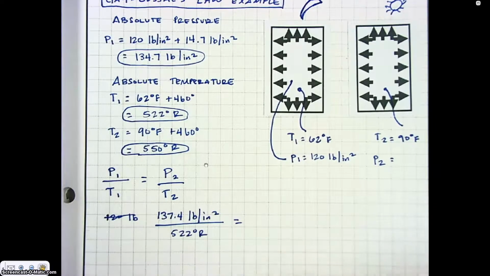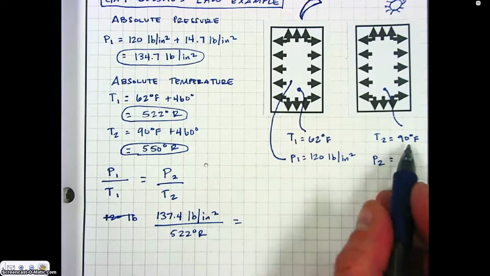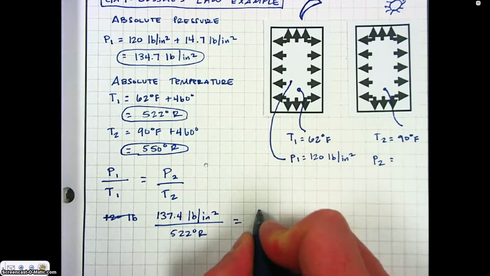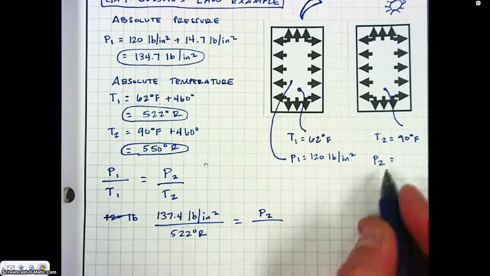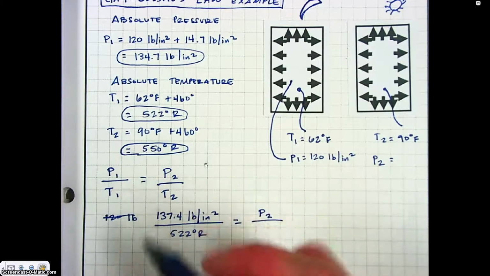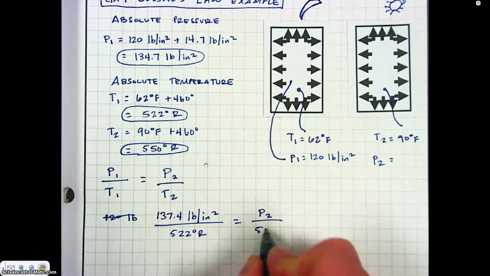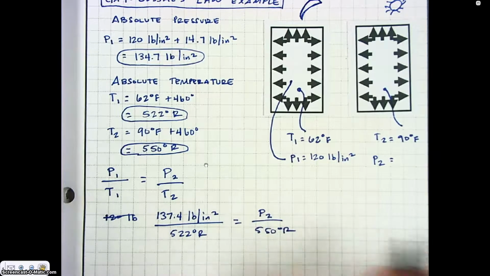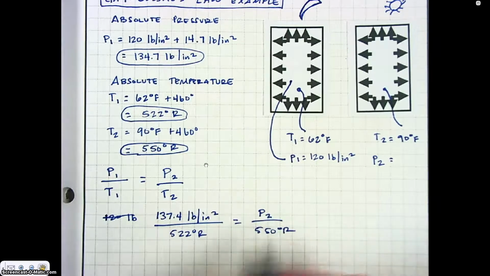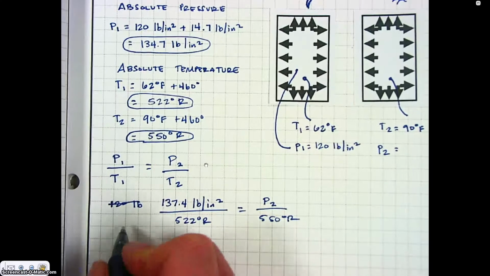That has to be equal to the pressure of 2, which we don't know, divided by the temperature of 2, which is 550 degrees Rankine. So we rearrange our formula.